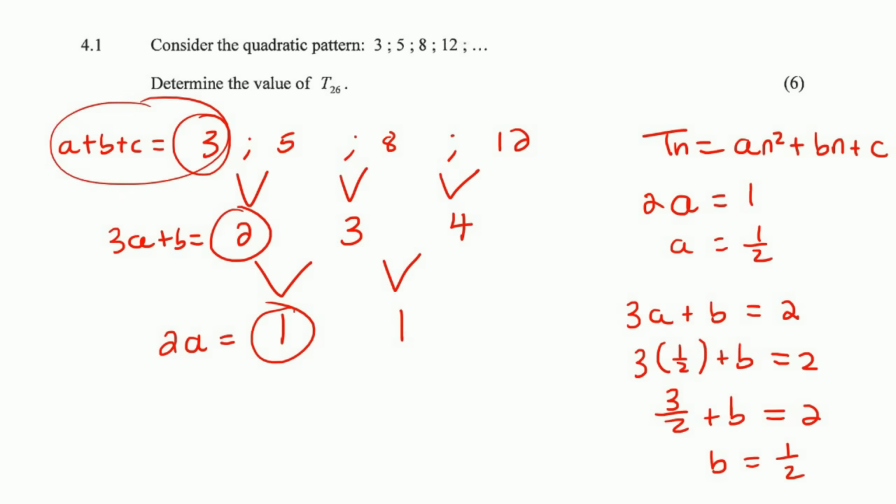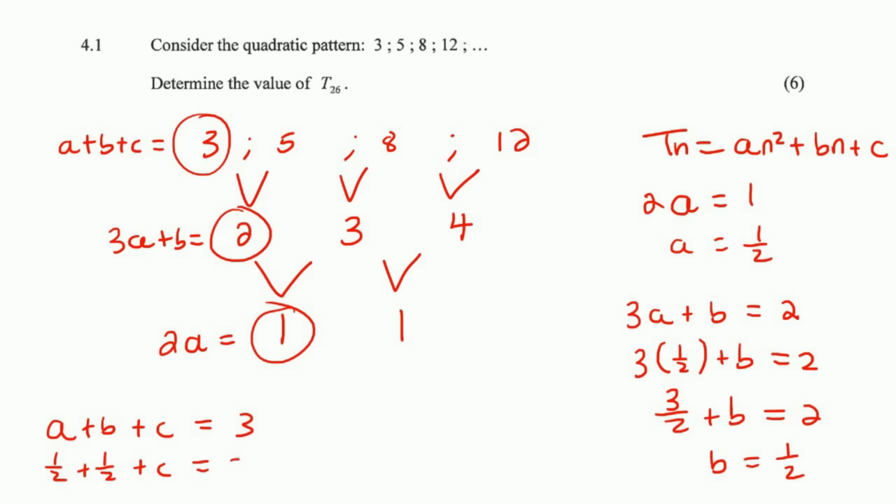Now we come up to this layer over here, where we now have a plus b plus c equals to 3, but now we know that a is a half, b is a half, and so we can work out c as, if you had to do all the maths, you would find out that c is equal to 2. So now we have the formula, Tn is equal to a half n squared plus a half n plus 2.